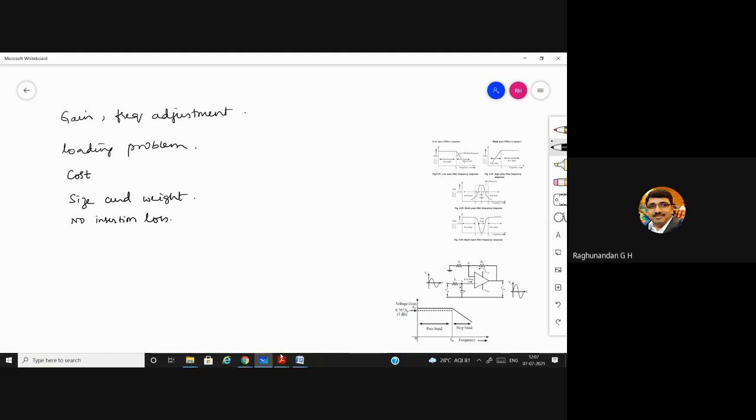And there are different active filters which we are going to discuss in this particular chapter. Among those, the first one is the low pass filter, second one the high pass filter, third one the band pass filter, fourth one the band stop filter, fifth one we call the all pass filter.